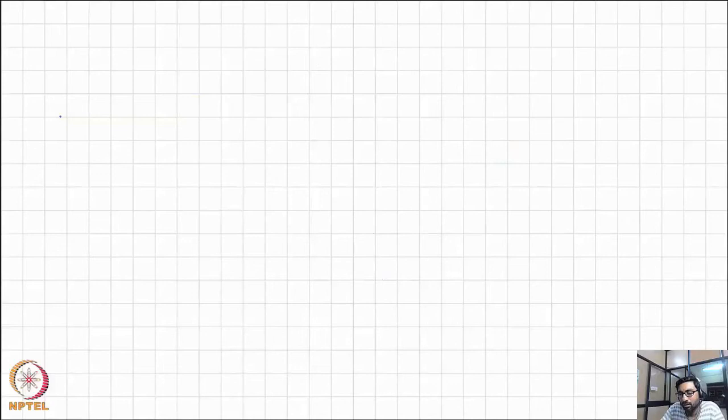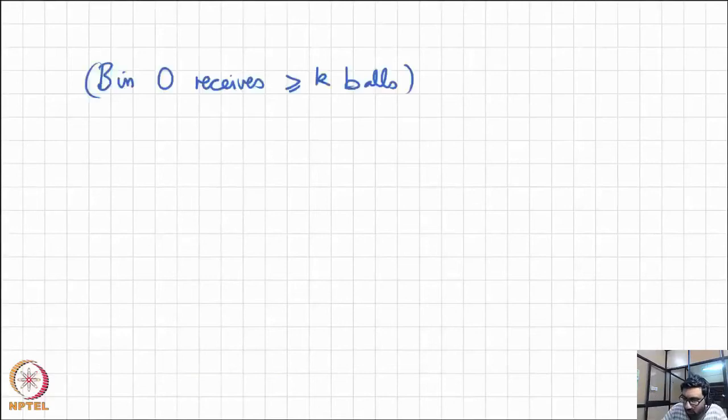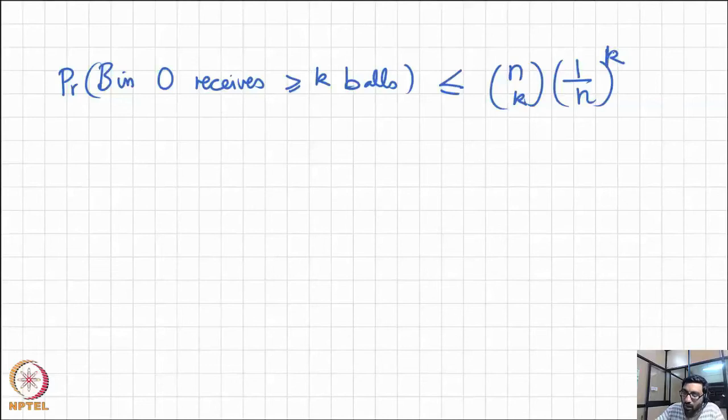Under these assumptions, we are interested, first of all, in the event that bin number 0, in other words, the very first hash location, gets k or more items. The question is, what is the probability of this event? And that's upper bounded by n choose k times 1 over n raised to the k.